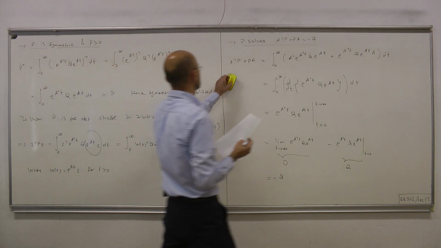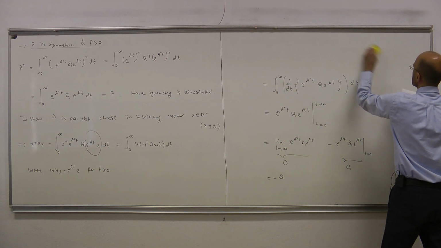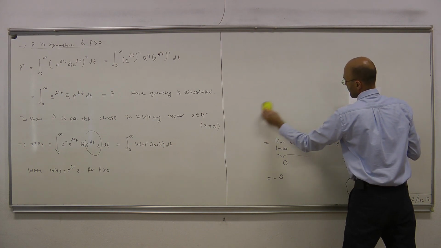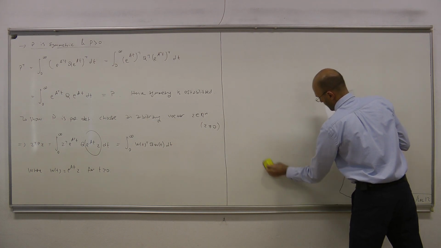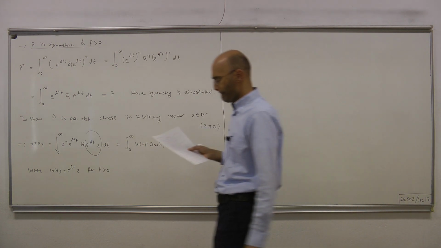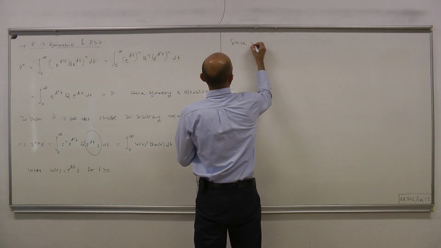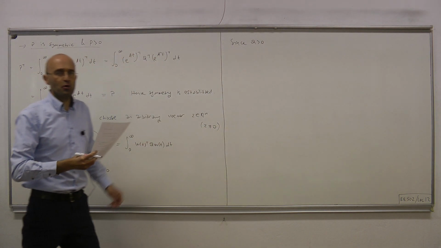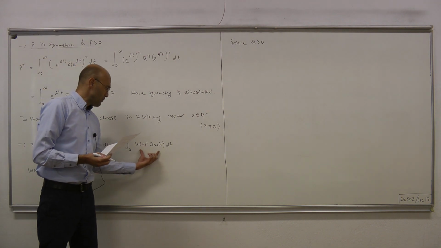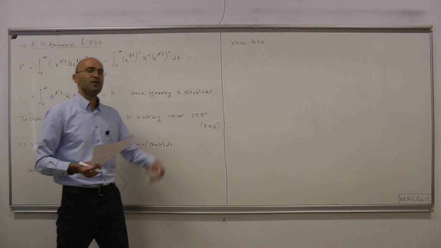Now, since the matrix Q, which we started with, is a positive definite matrix, when we look at the integrand, we have some vector transpose times Q times the same vector.